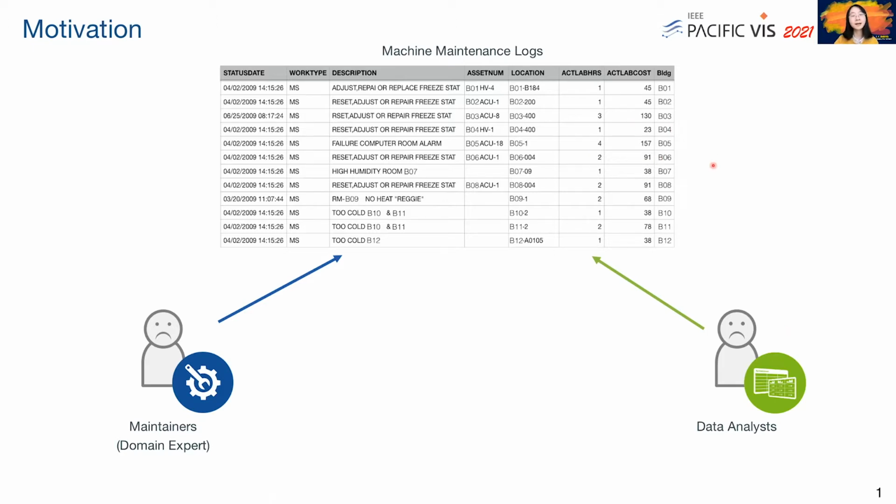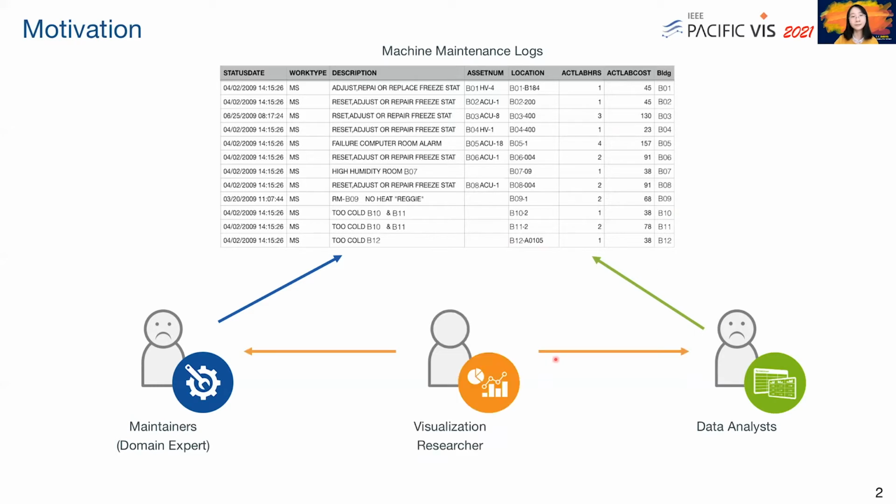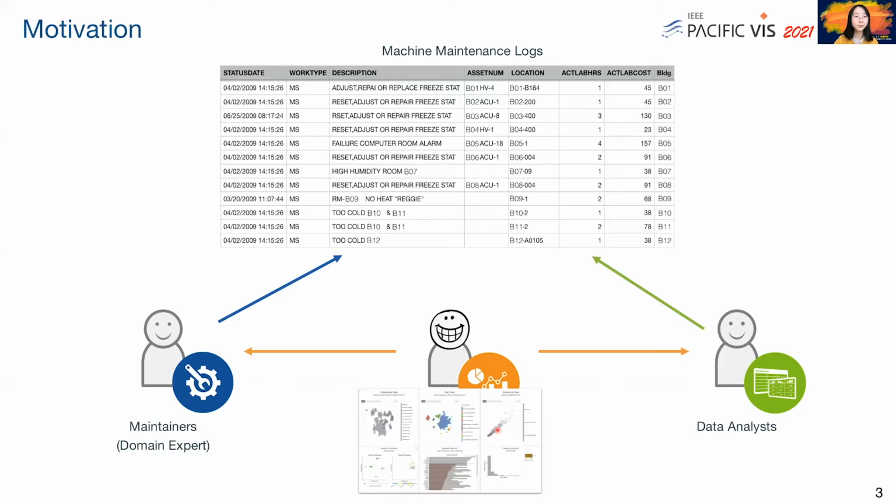However, they don't have enough domain knowledge to fully understand the content of this dataset. Now, if there is one person who can build a bridge between these two groups of people by using some visualization tools, it will become a win-win situation. So actually, this is what we aim to achieve with our work and the role we consider ourselves to play.